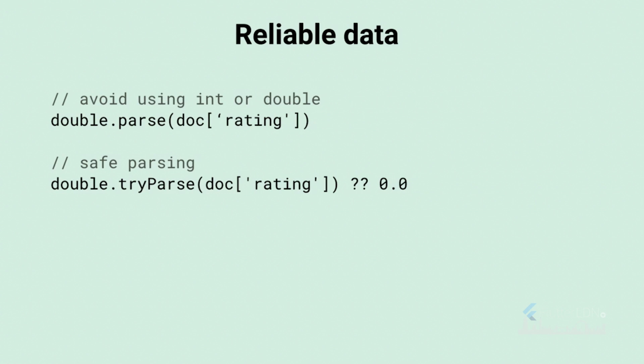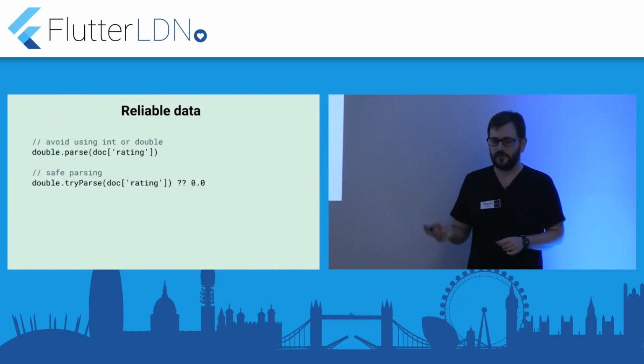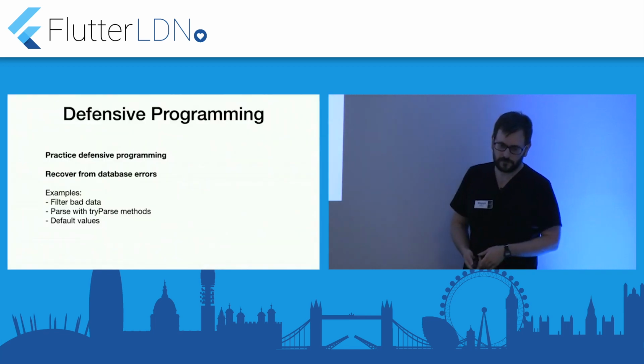But I found that it's easier for me to just store strings. If you don't need to do queries later, it's easier to just store strings and then try to parse. This will throw an exception if it fails, or use tryParse, which returns null, and then you give a default value. You have to practice what is called defensive programming.